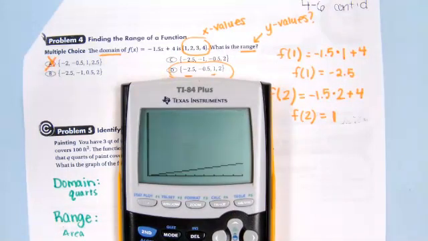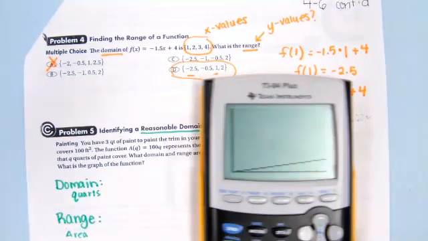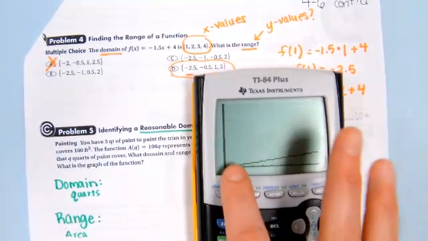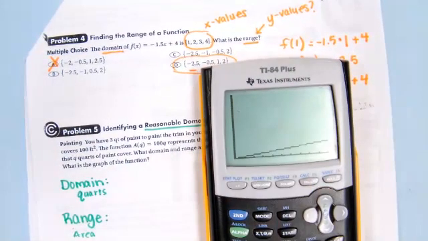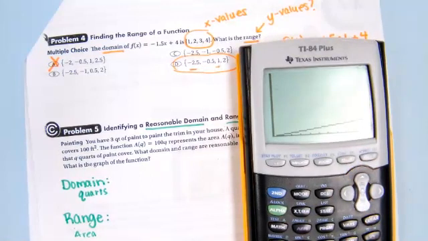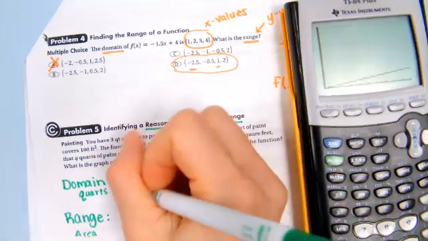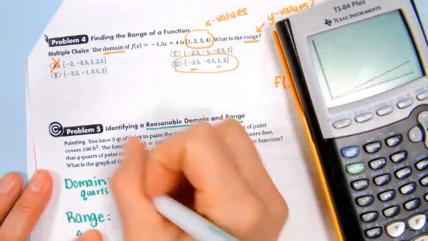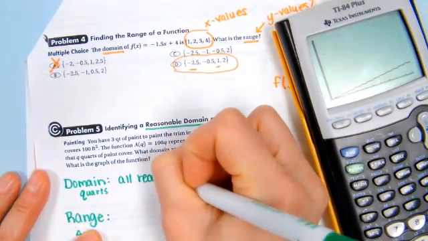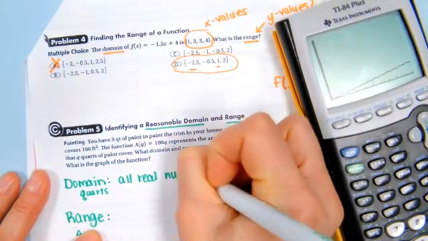Okay, so let's talk about our domain now. That's our x values. So we can't have negative values, but we can have decimal values of paint, can't we? So our domain here, we would say our domain would be all real numbers greater than what?